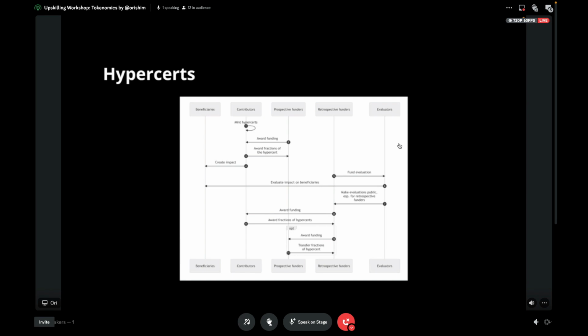And then you could even have financing off of this. For example, let's say people know that in a particular ecosystem there's really reliable retrospective funding. For example, in Optimism they've committed a large amount of money to retrospective funding, or even in Ethereum, the DAO Drops project is an example of retrospective funding.